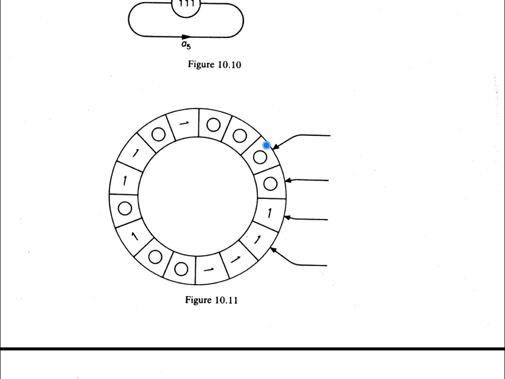Also 1, 0: the final part is 0, which is the initial part here. So I have an arc from here to here with label 1, 0, 0. The same way I have 0, 1, 1, and so I have this arc, and the label here is 0, 1, 1.